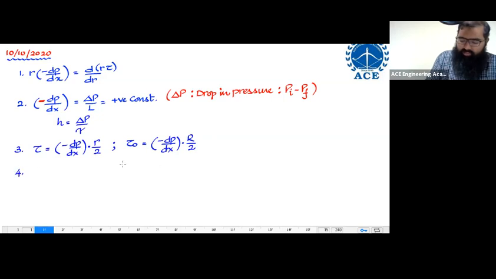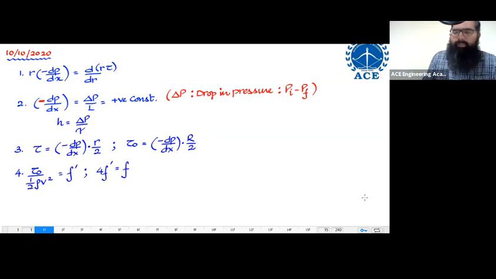Coming to the fourth point, the concept of friction factor and friction coefficient. The value of tau naught upon half rho v square is equal to the friction coefficient represented by F prime. And 4 times the friction coefficient is equal to the friction factor.